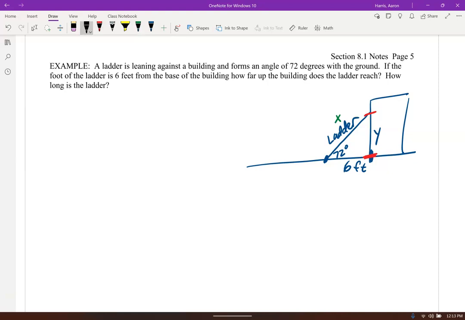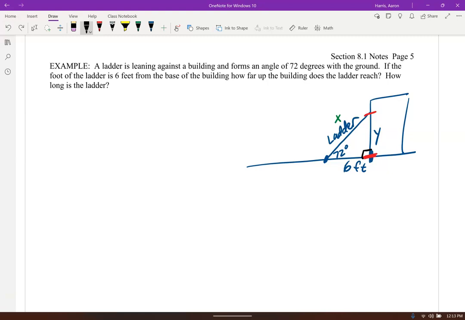So if I'm looking at this, hopefully you see the right triangle there, and you're thinking to yourself, what could I use? I want to only have one variable. Which trig function should I use? Should I use sine? Sine of 72 degrees would be opposite over hypotenuse. No, that's y over x. I got two variables. I don't want to use sine.